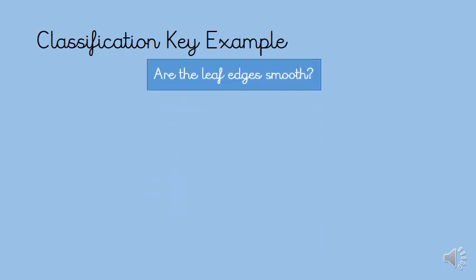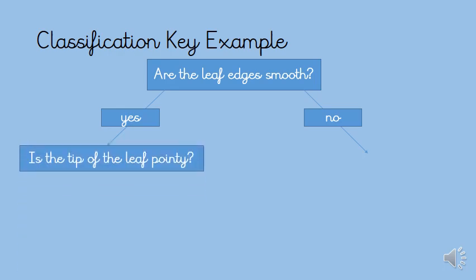This is my classification key. I've started off with the question, are the leaf edges smooth? Then I've got my two arrows with yes and no. My next question on the yes side is going to be, is the tip of the leaf pointy?